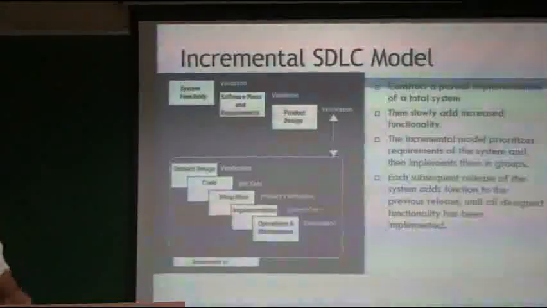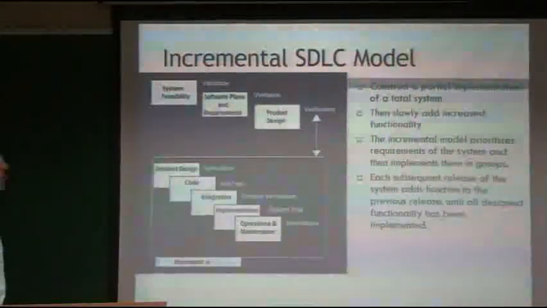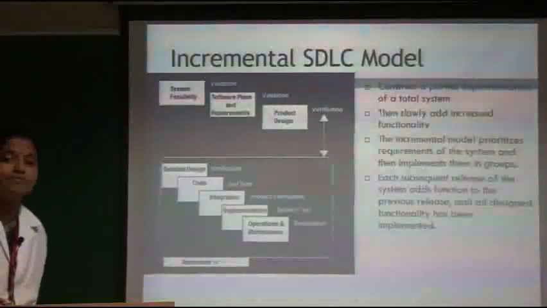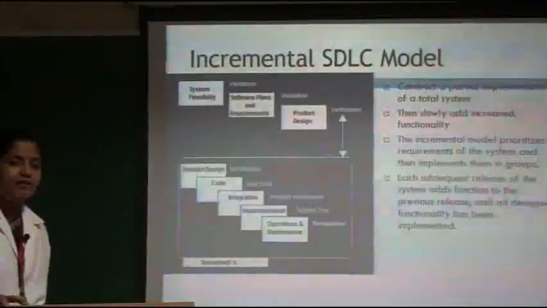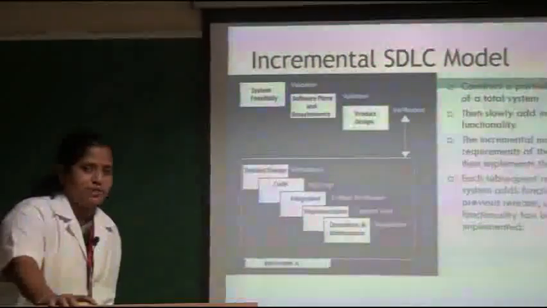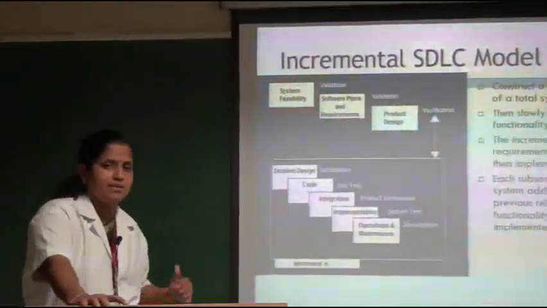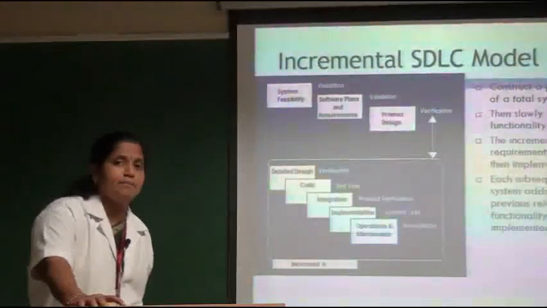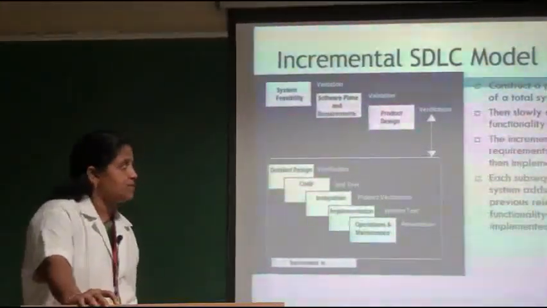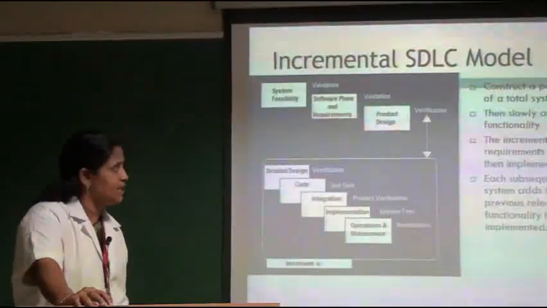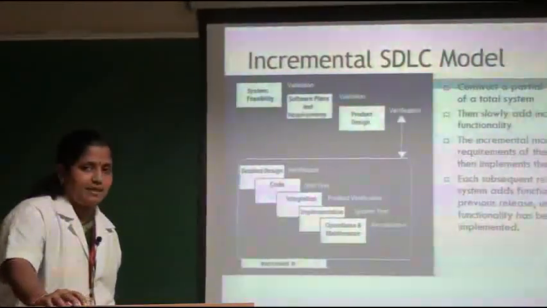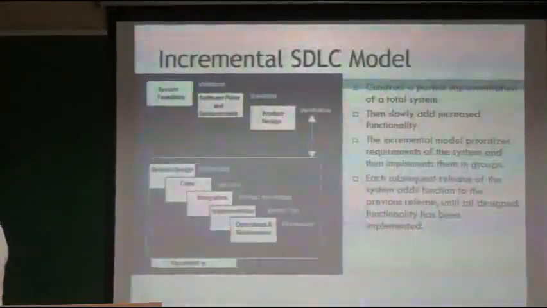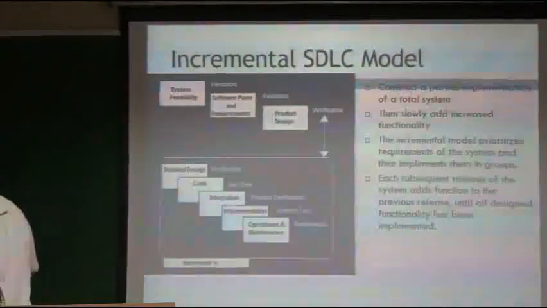Next model is the incremental SDLC model. From the name itself we can identify that it is incremental. The entire function of the system cannot be implemented at once. The functions can be added in an incremental manner. So it constructs a partial implementation of the total system, then slowly adds the increased functionality, and it prioritizes the requirements of the system. Based on the requirements of the system, it implements them in groups.